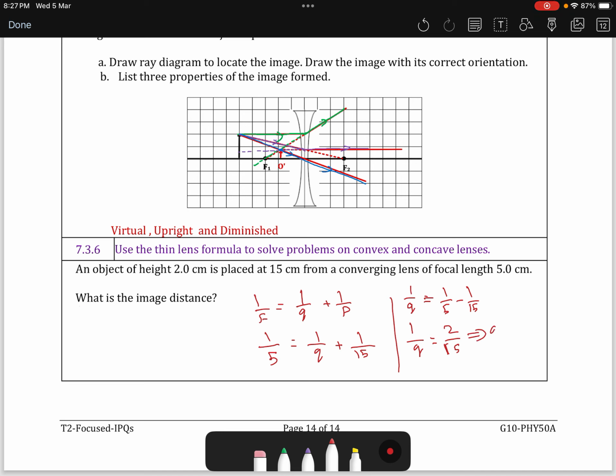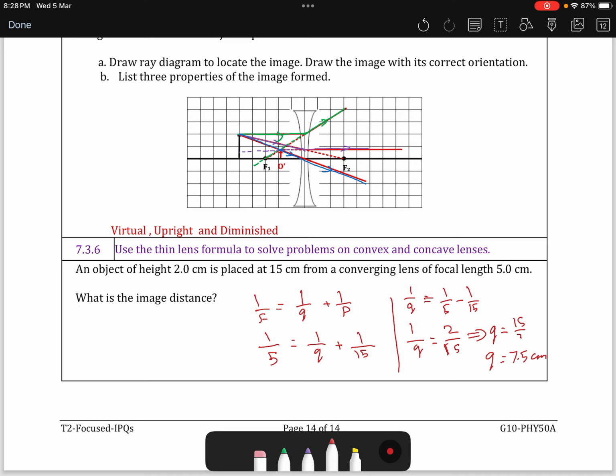So q equals 15 over 2. q equals 7.5 centimeter. This is the distance between the image and the mirror.